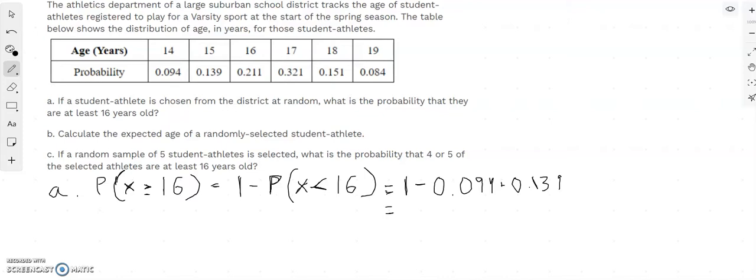Make sure you use parentheses around these two. We get an answer of 0.767. That is our answer. So that's part A.